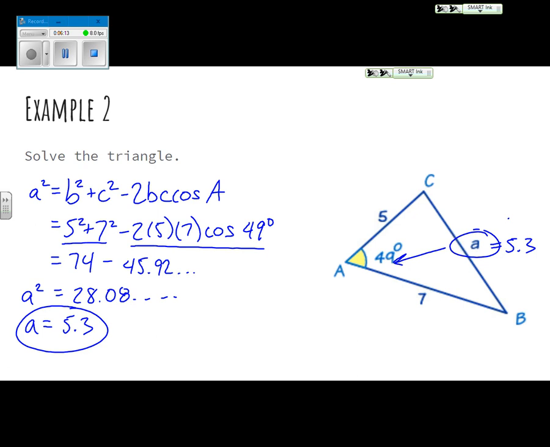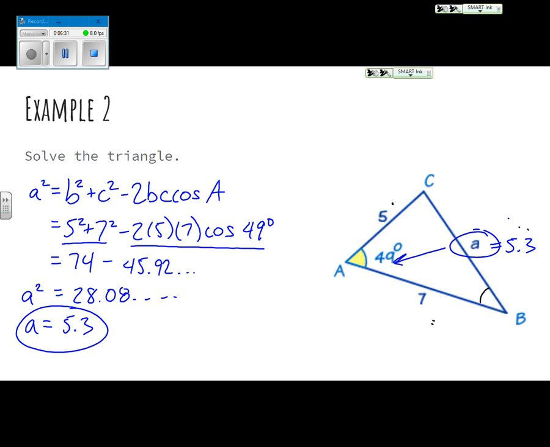So to find, I don't know, angle B down here, I could just use my second formula and plug in all 3 sides for A, B, and C and solve it. And we're going to do that in a minute. But you know what? I got really good at law of sines this week.